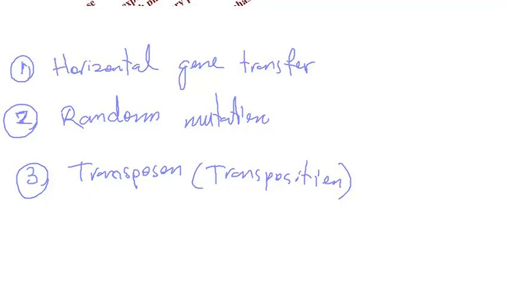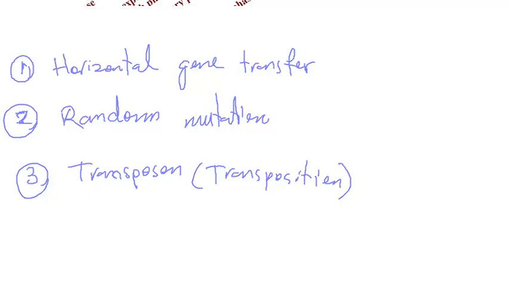So for instance, with horizontal gene transfer, as we just discussed, there is a plasmid that has an antibiotic resistance gene, or there's a piece of DNA, and so via horizontal gene transfer, one bacterium can pick up this resistance gene, and therefore fight off the antibiotic that is trying to kill it. So that's one way of helping with the survival of the bacteria.